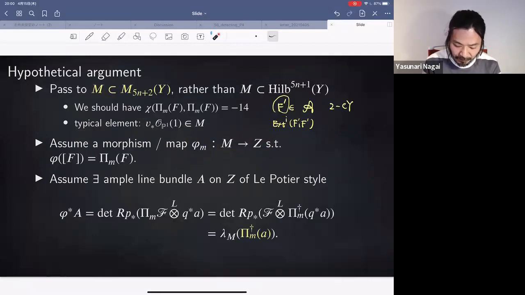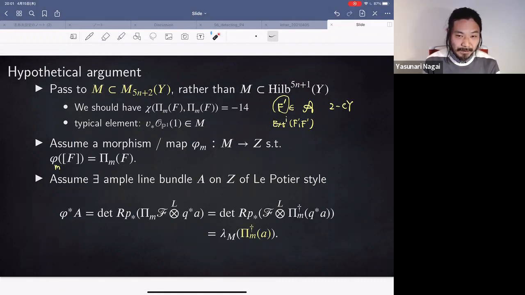But we loosely assume that the image of the point of the moduli space here corresponds to the object in the Kuznetsov component. That pi_M is the projection functor defined before.